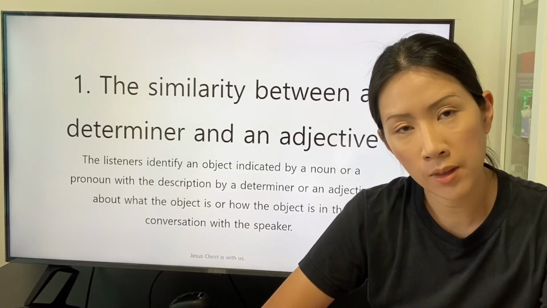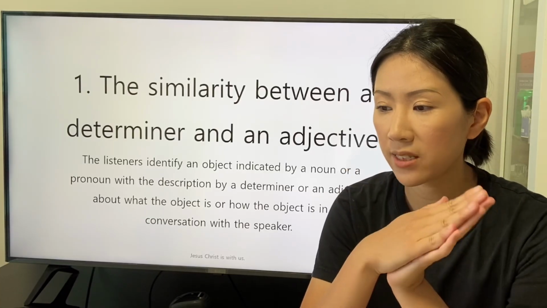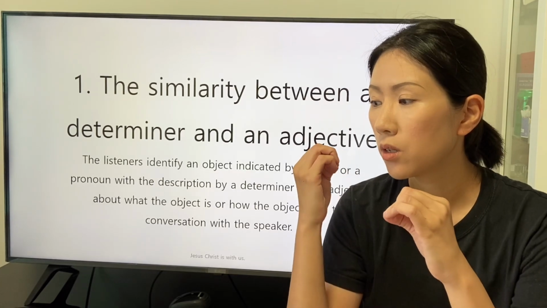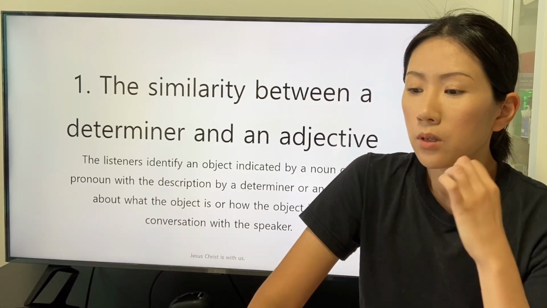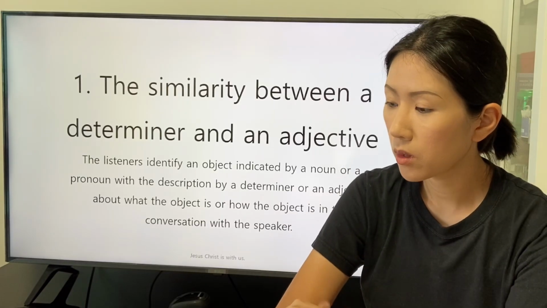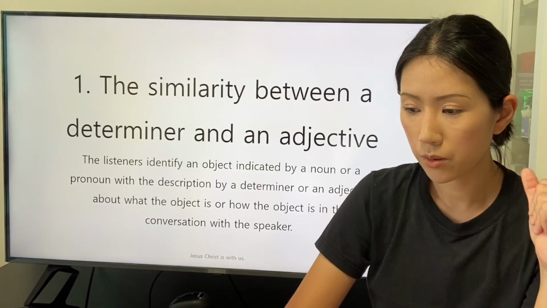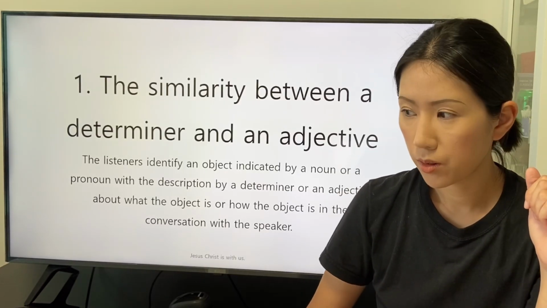So we can understand that the description by a determiner or an adjective is valid for the description of a general noun, because a general noun can indicate many subjects or objects to be included in the range of the distinction.